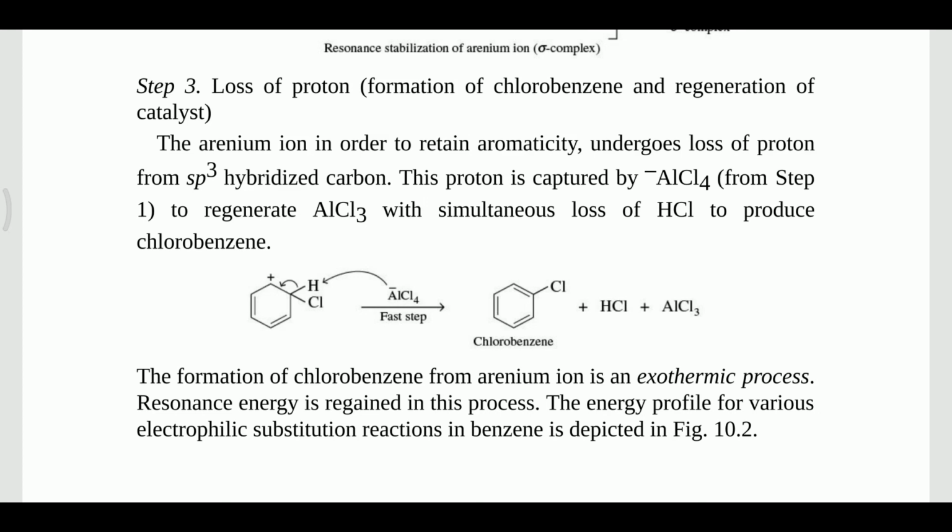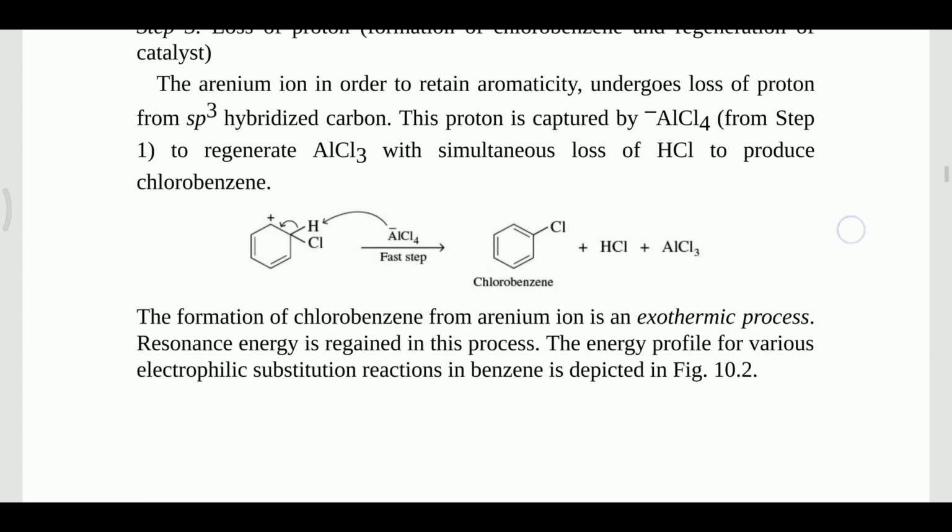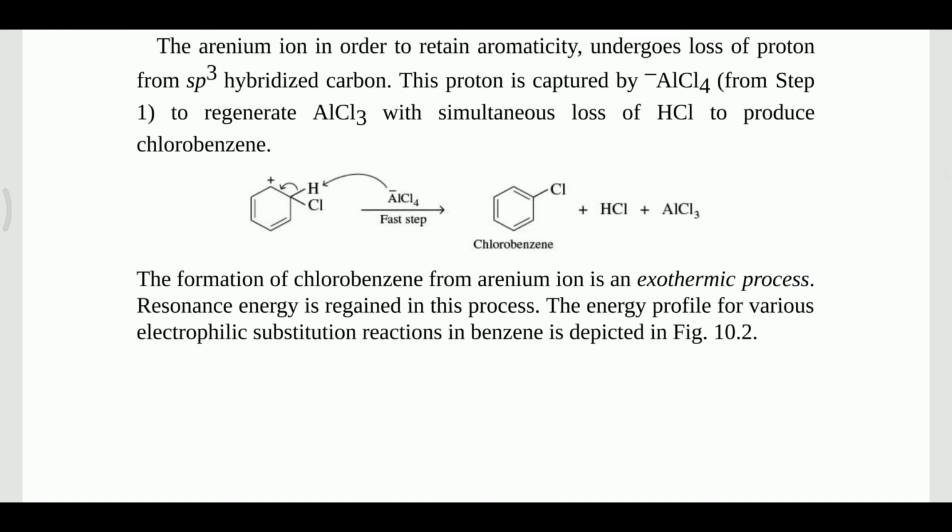So chlorobenzene, the product of the halogenation process, is formed. And the remaining part, AlCl4, will again divide into AlCl3 plus Cl minus, and then Cl minus binds with the proton which was removed from the arenium ion. So we directly get regeneration of the AlCl3 compound, right? So this is how chlorobenzene is formed from the arenium ion. It is an exothermic process.